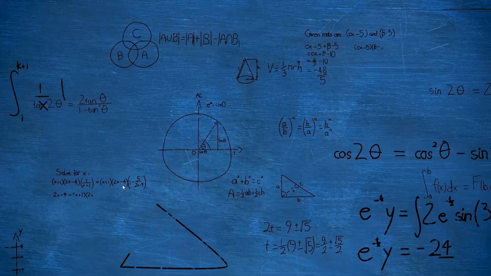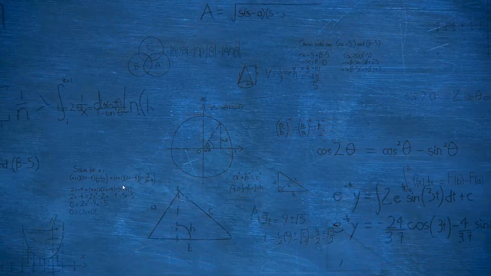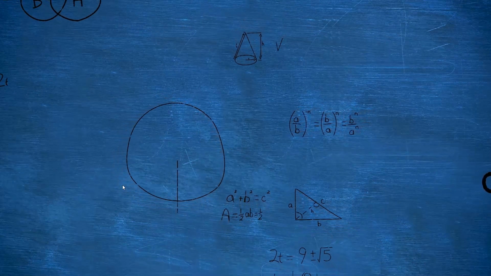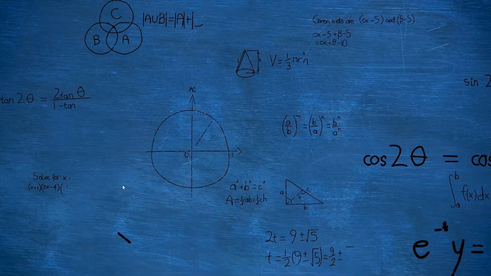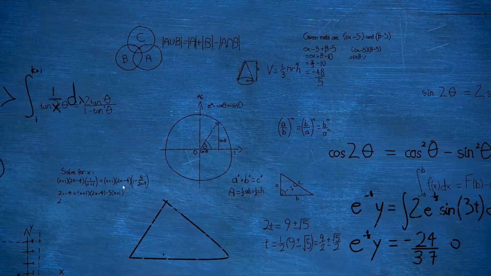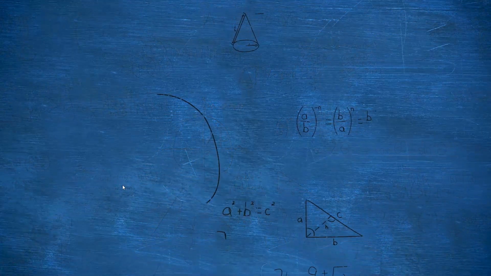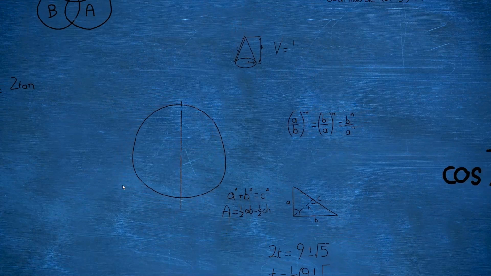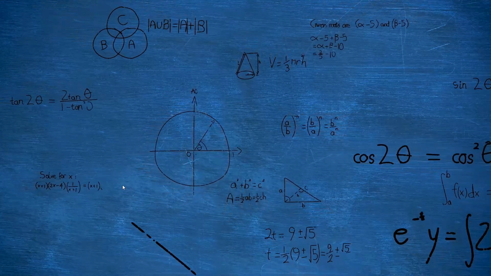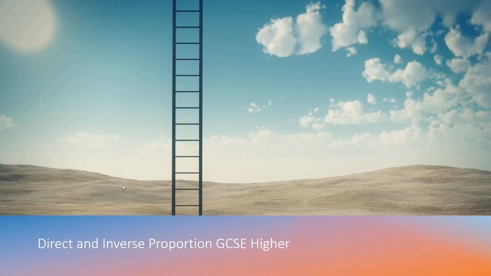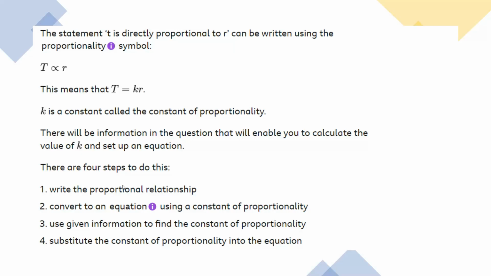Whenever you increase any entity, its dependent variable increases. If you reduce any entity, its dependent variable also reduces, and that is called direct proportion.